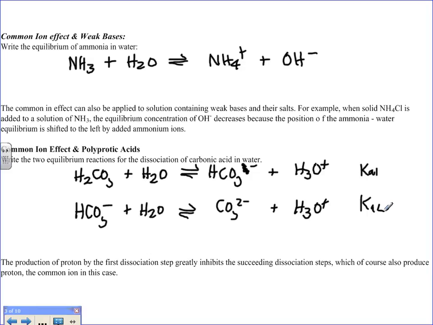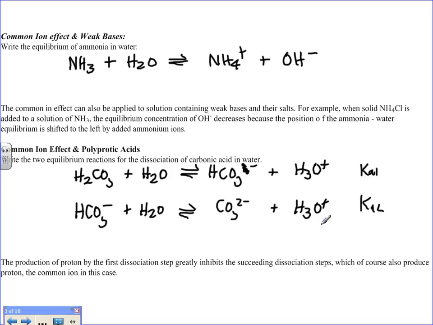Now, what we need to recognize is that these reactions will happen in steps. So if I've got a sample of H2CO3, all of the H2CO3 will lose one proton to form HCO3-, and then the hydrogen carbonate ions will subsequently react with water to produce carbonate ions.